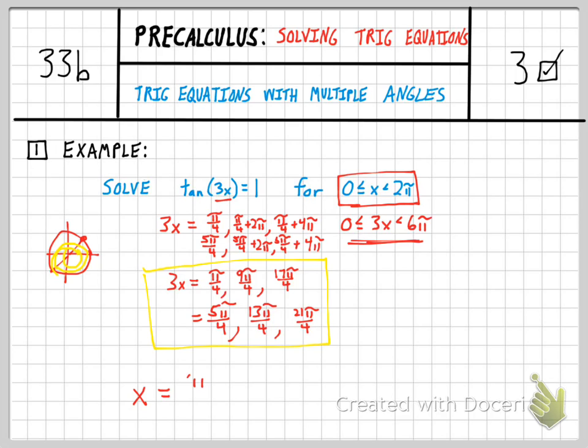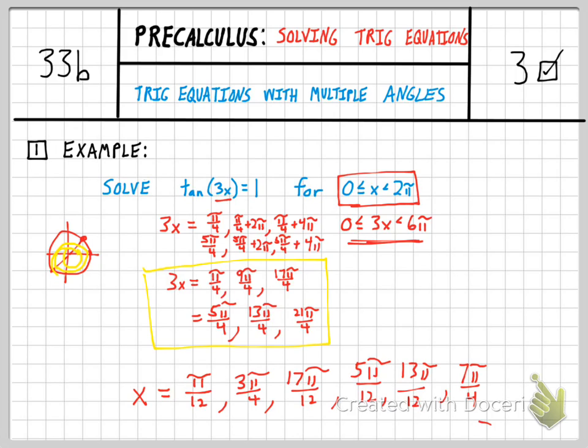So good news, the last step's pretty easy. You just have to go through and divide everything by 3. So I'm going to have pi over 12. I'm going to have 3 pi over 4 for that second answer. I'm going to have 17 pi over 12. I'm going to have 5 pi over 12. 13 pi over 12, and then my last one will be 21 divided by 3, which is 7 pi over 4.